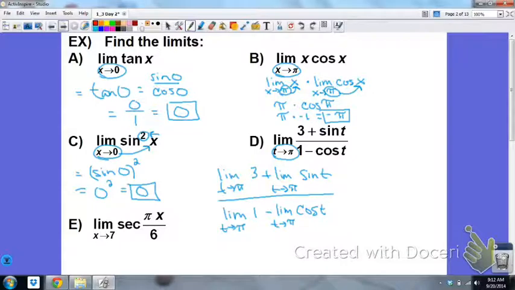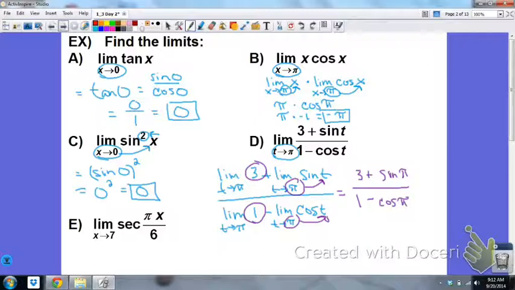As I begin to evaluate, the limit as t approaches pi of a constant 3 is just going to remain 3. Plus, plug pi in for t, so we have sine pi over the limit as t approaches pi of 1, which is going to be 1 minus, plug pi in, cosine pi.